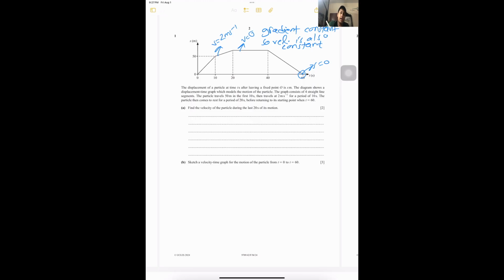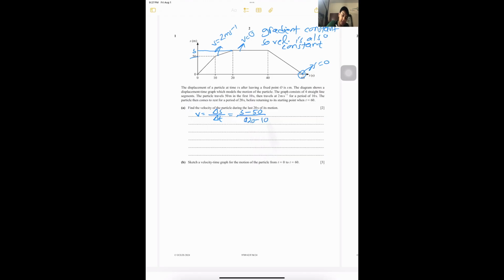So to find the velocity in the last 20 seconds, we need to find the displacement at this point. We will just be labeling this as s. As I just mentioned, velocity is the change in displacement over the change in time, which means the final displacement minus the initial displacement, which is 50, over 20 minus 10.